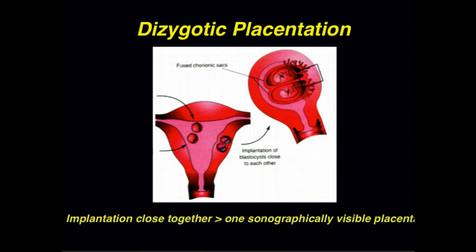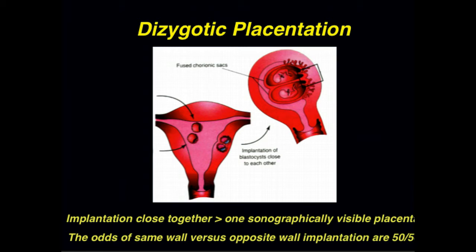Why is that? Because as the placental masses grow, they will meet and fuse, and therefore, when you look at the patient sonographically, there will be only one visible placental mass, even though there are two placentas as units.